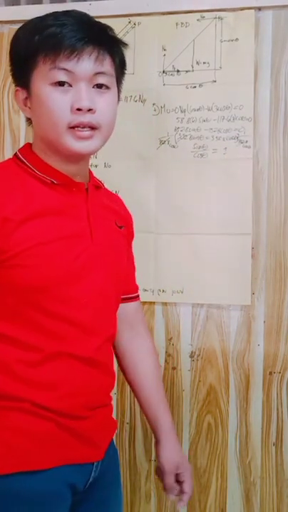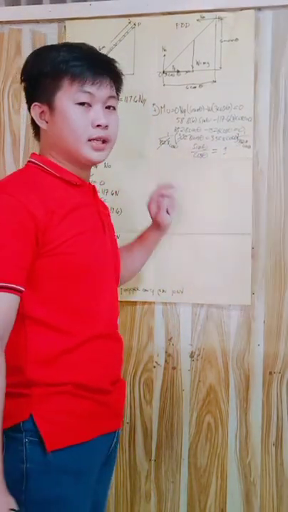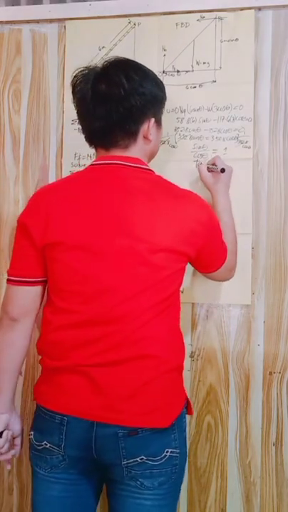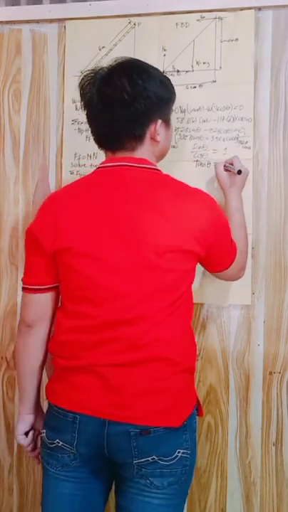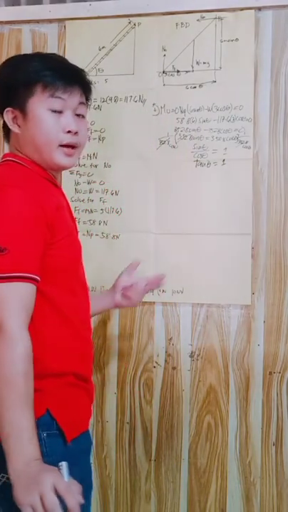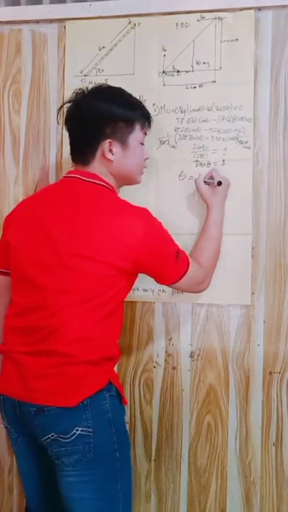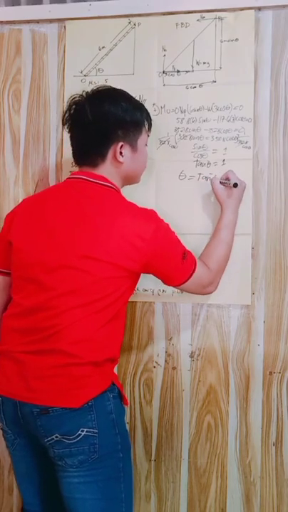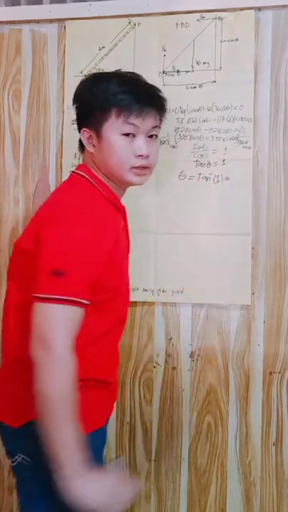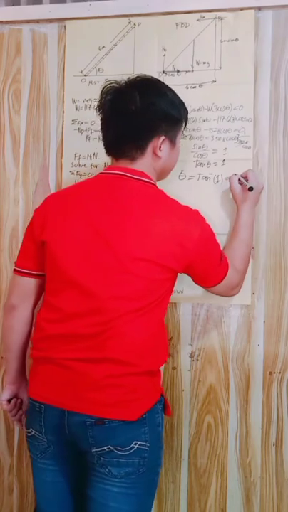In our trigonometric identity, sine over cosine is equal to tan theta. To get the value of theta, theta is equal to the inverse tangent of 1, which is equal to 45 degrees.